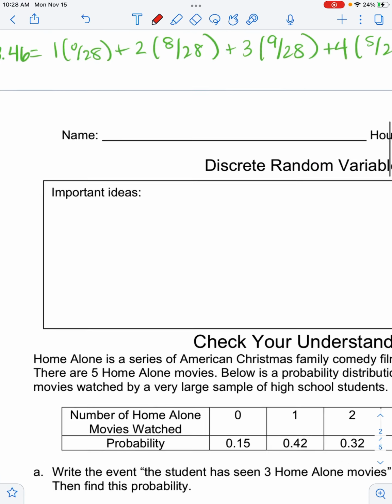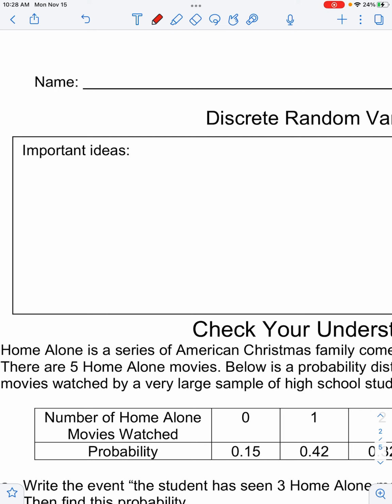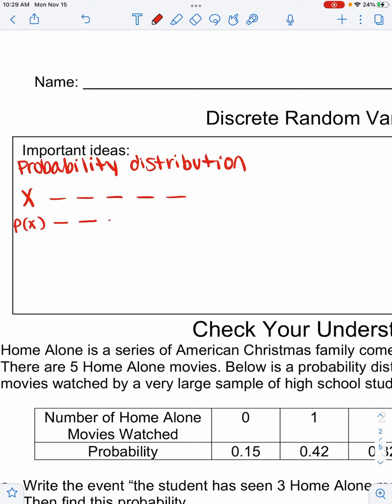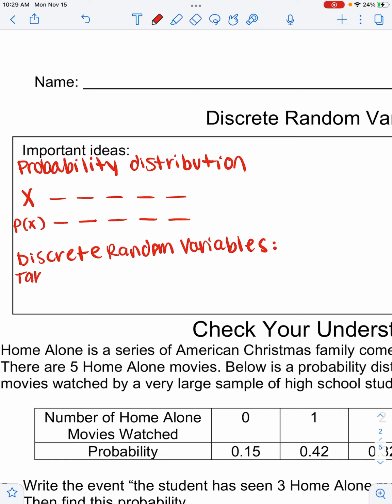So we expect, based on the probability, that you would get the average. All right, so on to the important ideas. The first one is about a probability distribution. So this is the table that we have up in question 1, where you have your x's, and then you have the probability of those x's listed. And this we get when we have discrete random variables. So remember these, and this is an interesting definition.